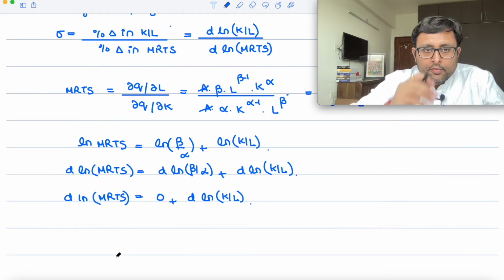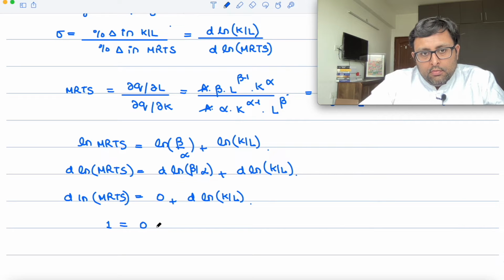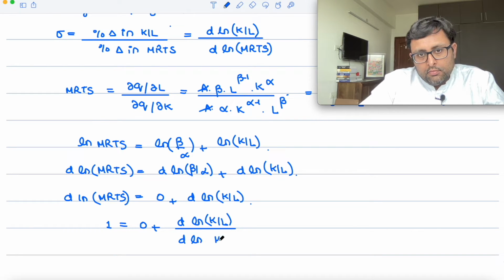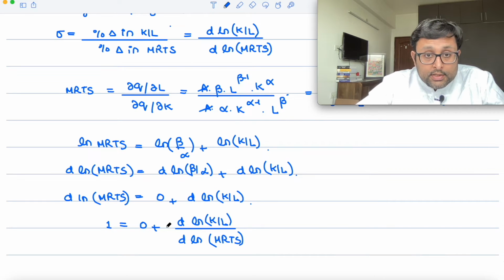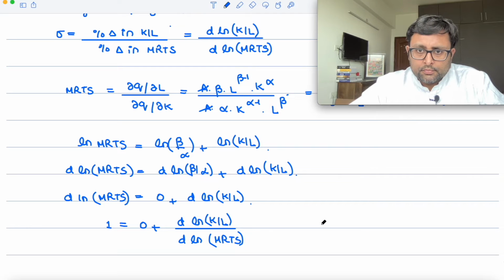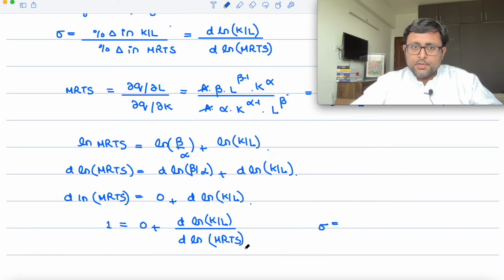What you can think of is that you can divide both the sides by d log of MRTS. So what will that be then? This is your sigma, elasticity of substitution, d log of K by L upon d log of MRTS.